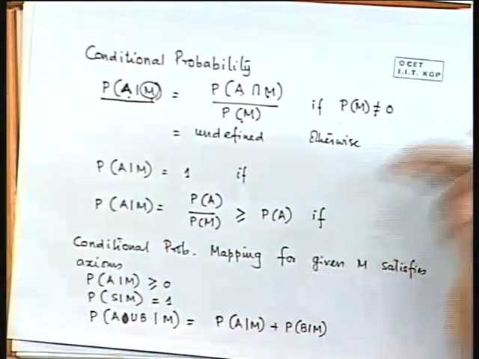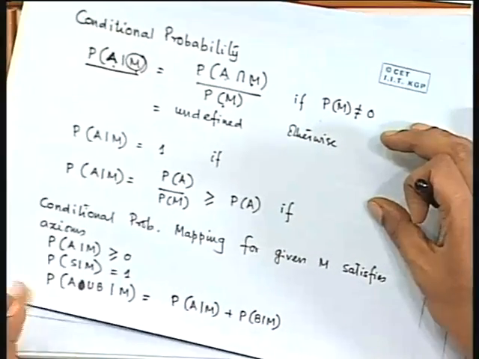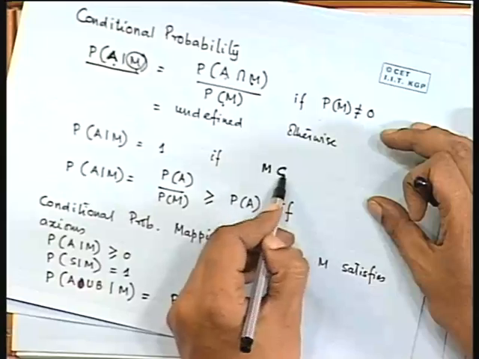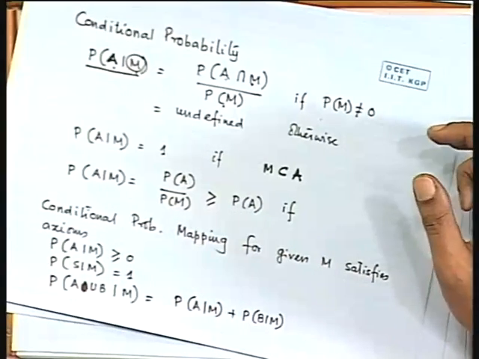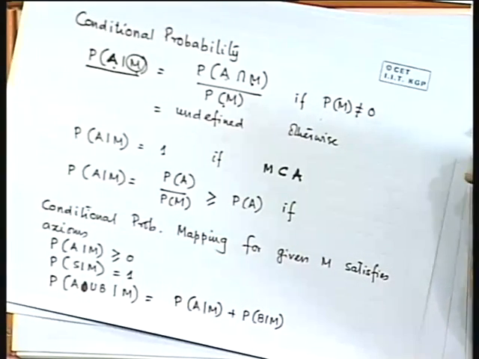We are trying to utilize other information that is occurring. So now you immediately have certain results: if M is a subset of A, then the probability of A given M is 1. Can you see that?